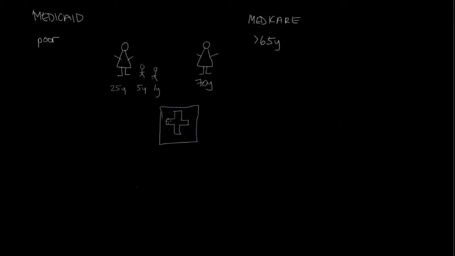And let's talk about how the way their medical care would be paid for is different, because I think that'll really help understand the differences in these programs and how Medicaid is actually very differently structured than Medicare. Medicare is fairly straightforward.